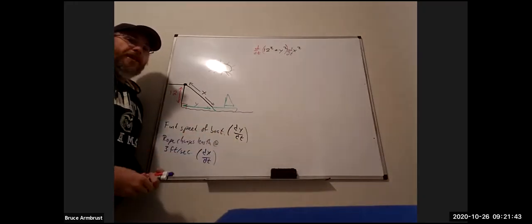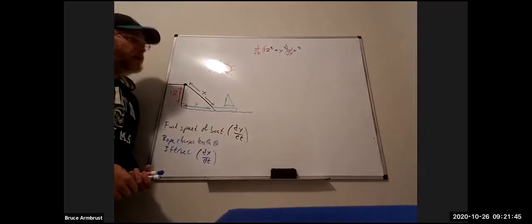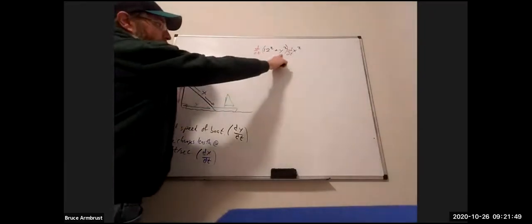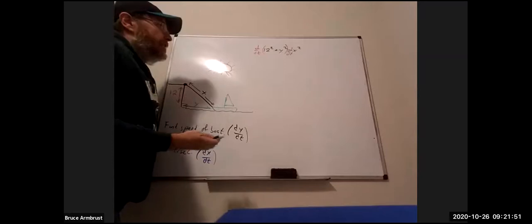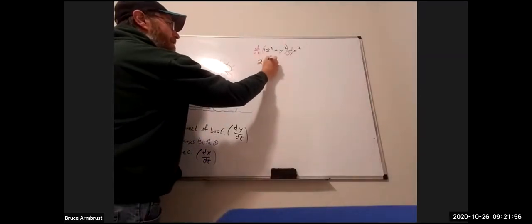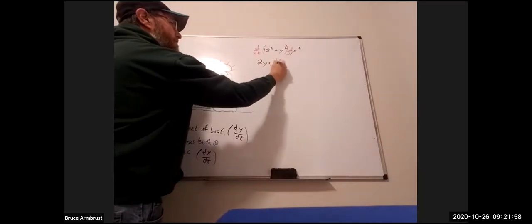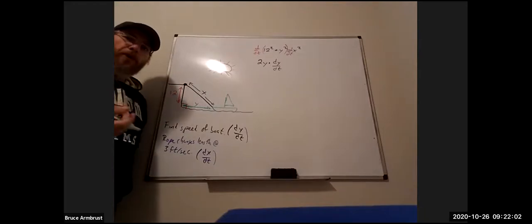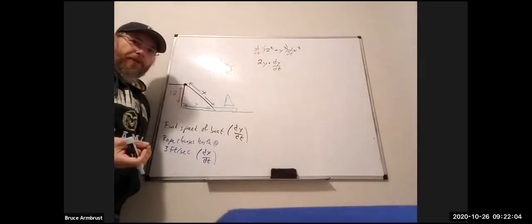So I want to differentiate with respect to t. Because I'm differentiating with respect to t, I need to use implicit differentiation. So the y squared is going to turn into 2y times dy/dt. We wrote it before as 2y times y prime.